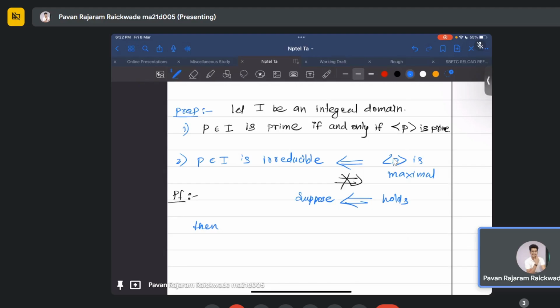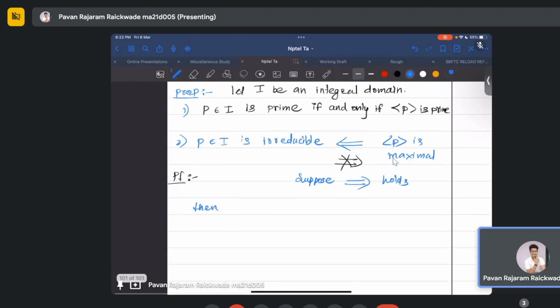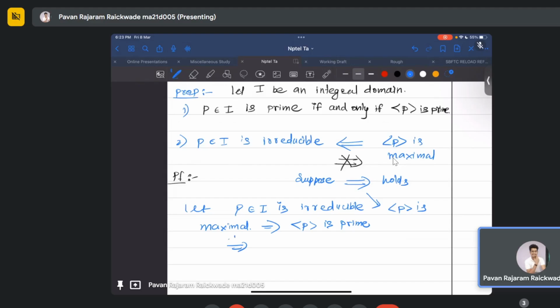If this direction holds, then you take any irreducible element P belonging to I. Then this direction will imply the ideal generated by P is maximal, and we know every maximal ideal is prime, but then 1 will imply P is prime.